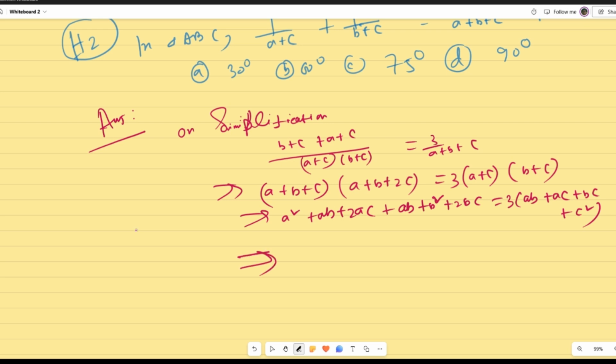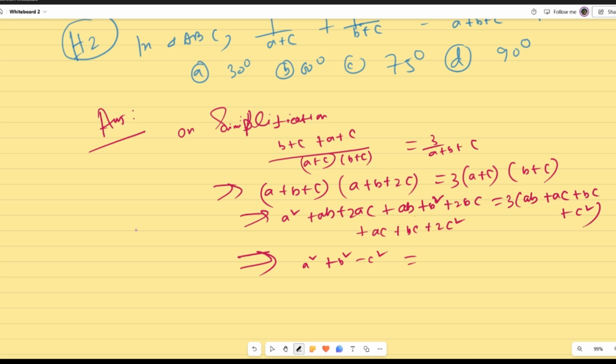I forgot to write one term here, that is C square, 2BC and AC, BC, 9 terms will be there, no? So A square plus B square, 2C square minus 3C square minus C square equal to what is remaining over there.